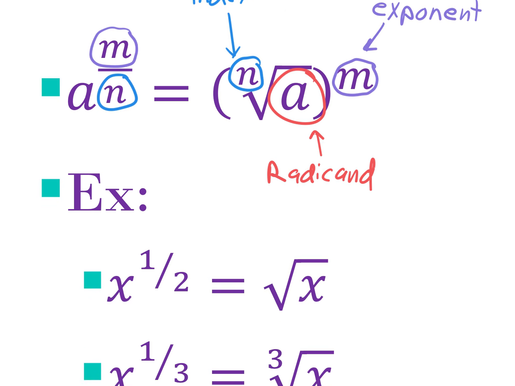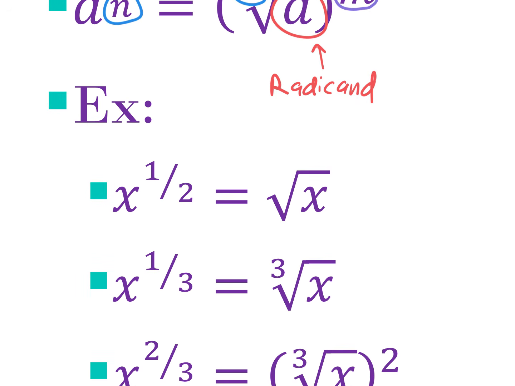So here's an example. If I have x to the 1 over 2, the denominator here is 2. So I'm going to circle the denominator. And I'm just going to make a note that it's going to go out front as the index of our radical, right? I don't see a 2 here, right? Why is that?